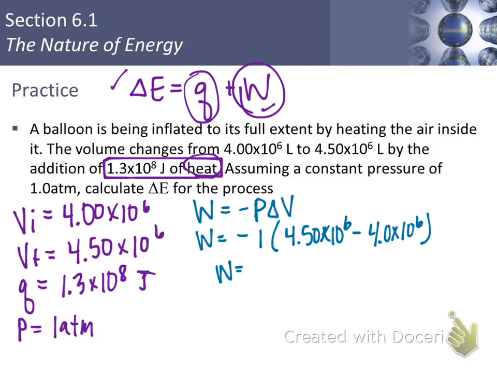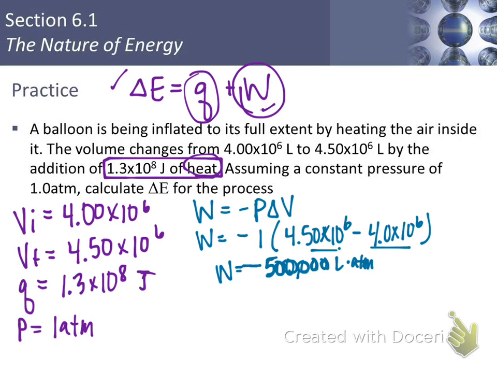Okay, so work equals negative 500,000 liter atmospheres. Right? We take this minus this times negative 1. So I got negative 500,000 atmosphere liters or liter atmospheres, however you say it.